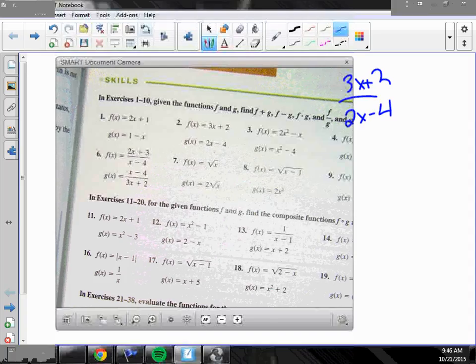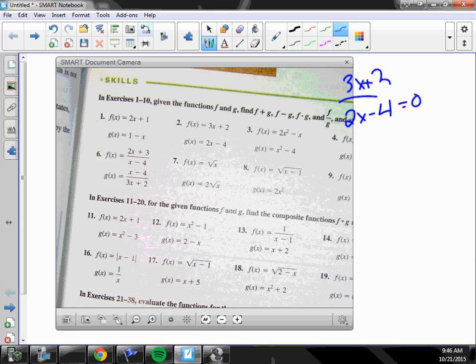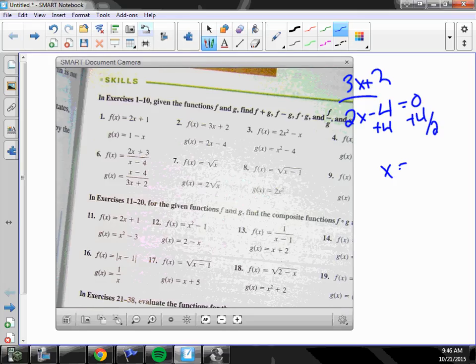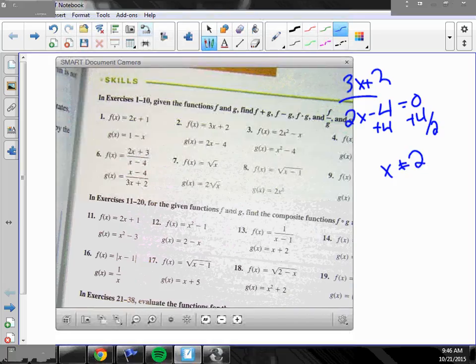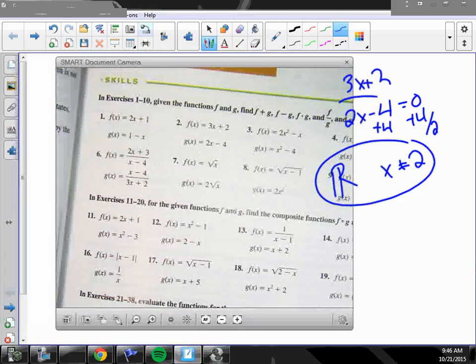Set this equal to 0, add 4, divide by 2. X is not allowed to be 2. So the domain is all real numbers, but x is not allowed to be 2. That's the only part of the domain that doesn't exist. Okay?